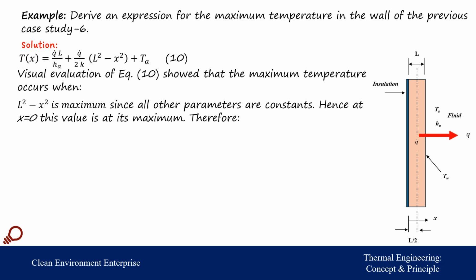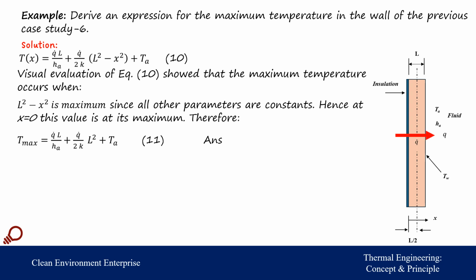Then maximum temperature depends on L square minus X square as a maximum. And if we have X equal to 0, then L square minus X square is maximum. And then the answer for Tmax equal to Q dot L divided by H sub A plus Q dot divided by 2K times L square plus TA.